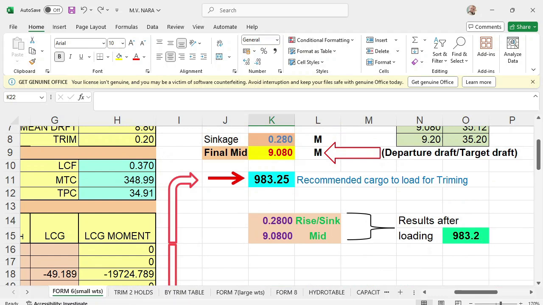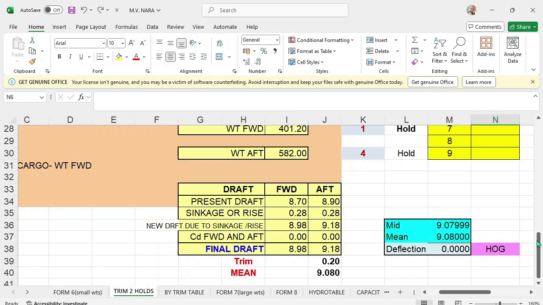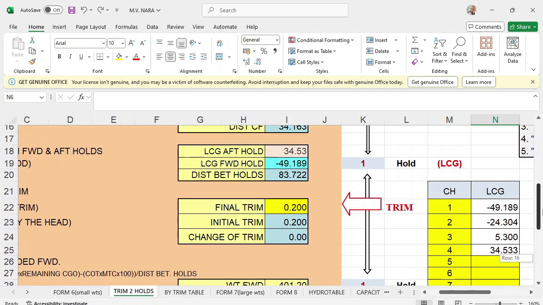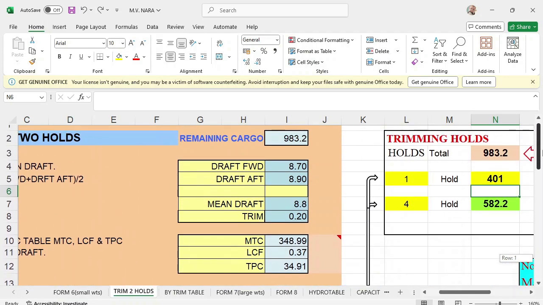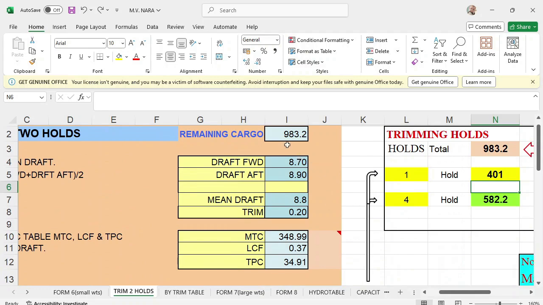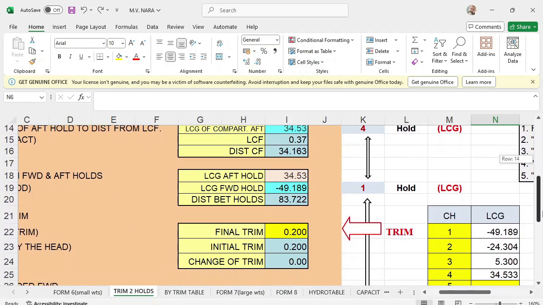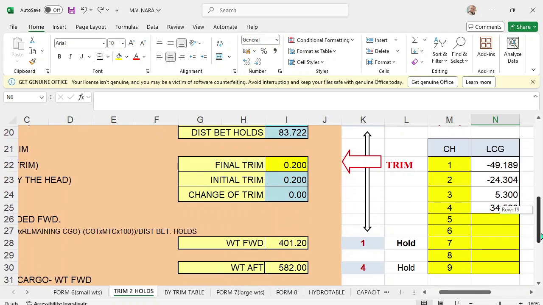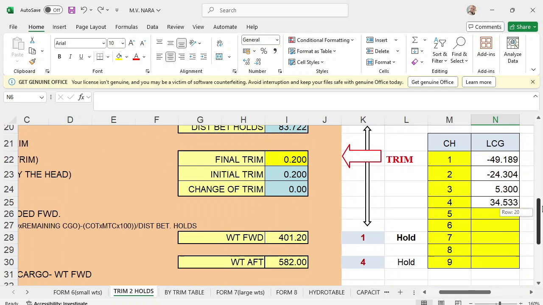Okay, so you go to trim holds, and your trimming holds are 1 and 4. This is the remaining cargo to load. So you have a 20 centimeters trim, and how much will you load in hold number 1 will be 401.